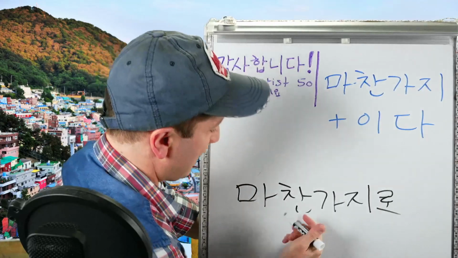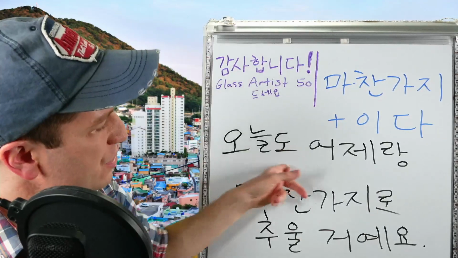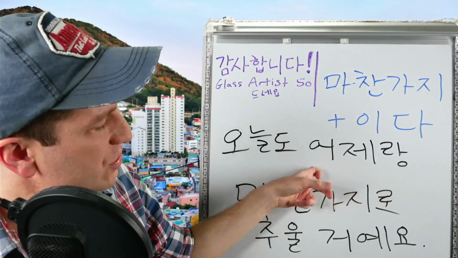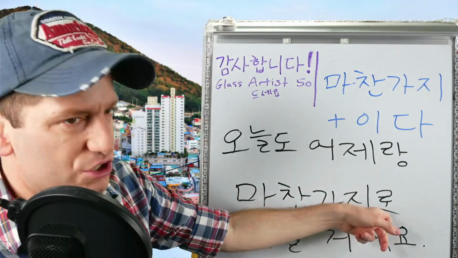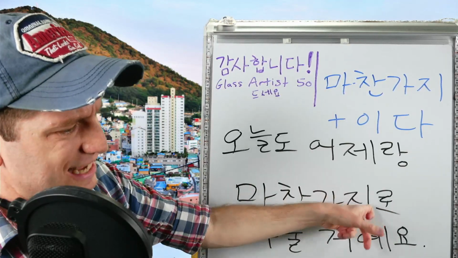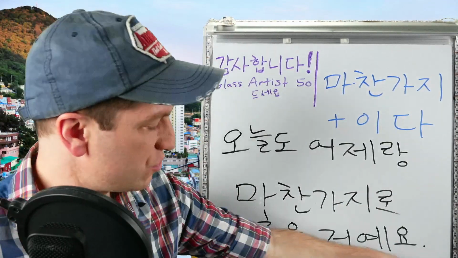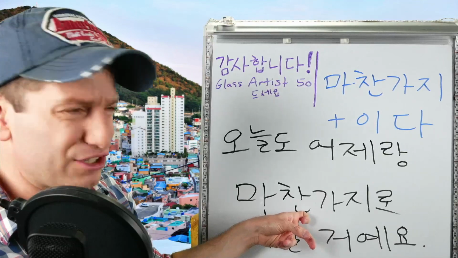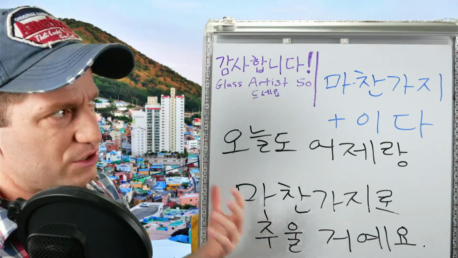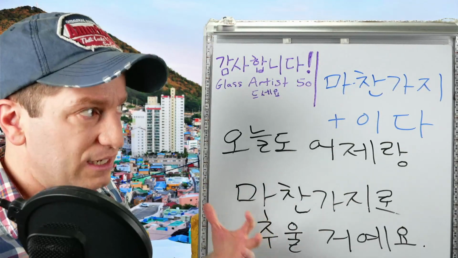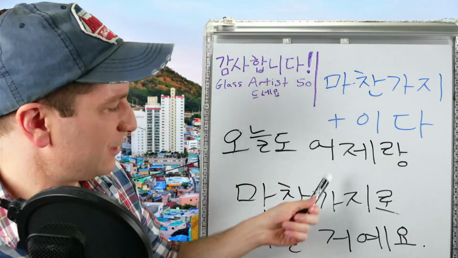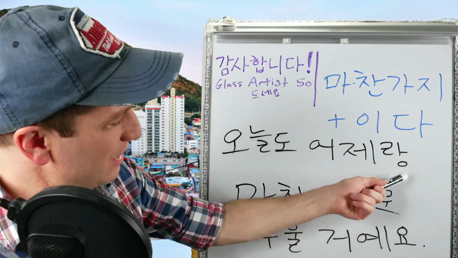Let me give you an example of that. 오늘도, so today also, 어제랑, with yesterday, 마찬가지로, so similarly or the same as yesterday, 춥다, to be cold, 추울 거예요. So it will be cold similarly with yesterday, literally. So today will also be cold the same as yesterday, or literally, similarly with yesterday.